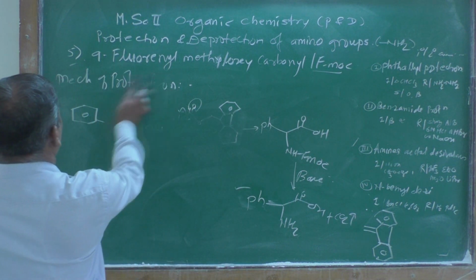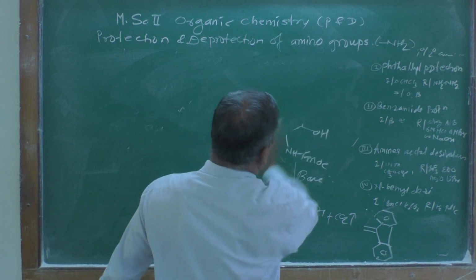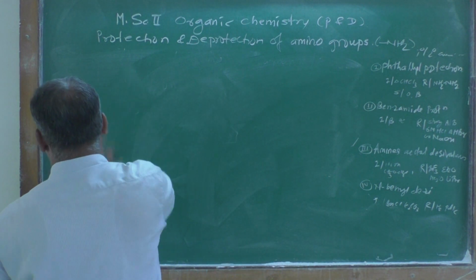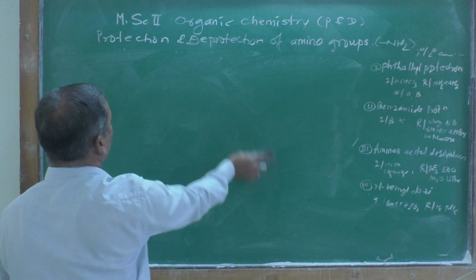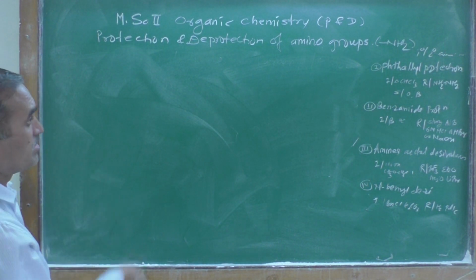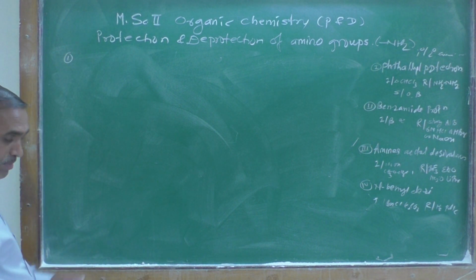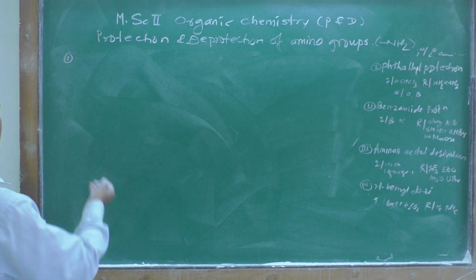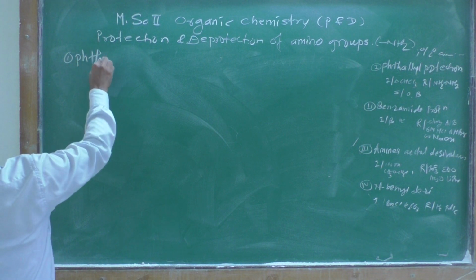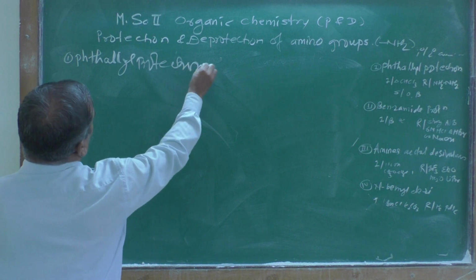Let me explain that also, so that you can understand that group protection, because we are talking about protection and deprotection. The first one is phthalate protection. Some other example we are now talking about, that is phthalate protection.